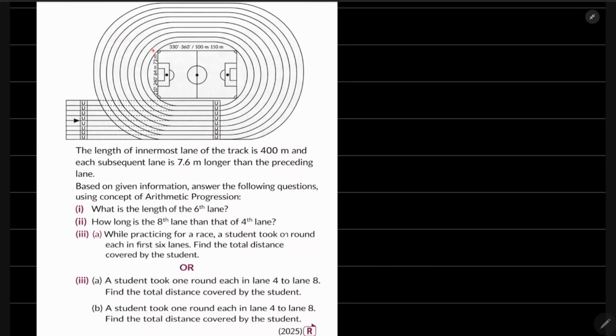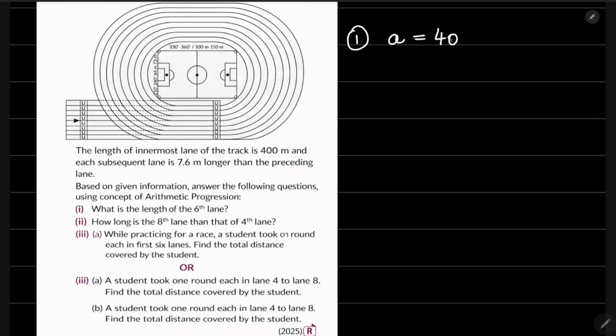Now, we have the starting length, the length of the first lane. That is the first term that we need. You know that the first term in an arithmetic progression is denoted by A. Here the innermost lane length is the starting of the arithmetic progression, which is nothing but 400 meters.